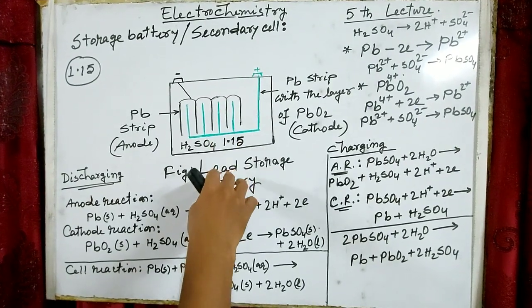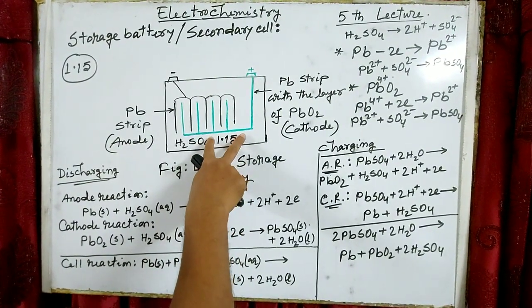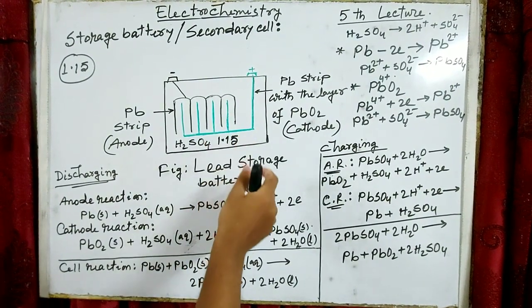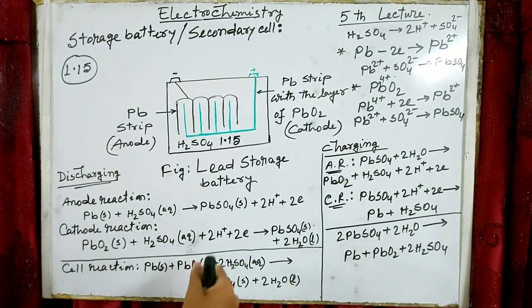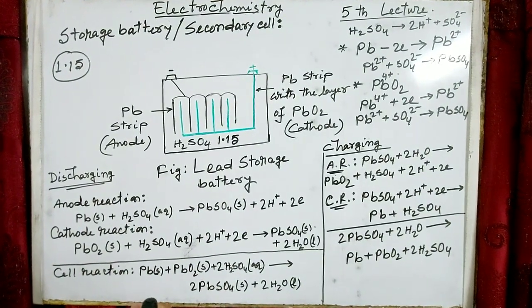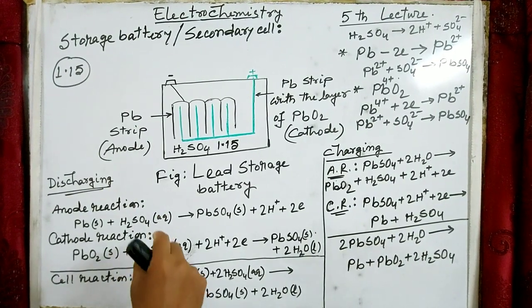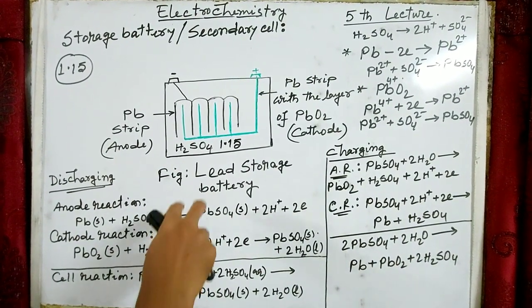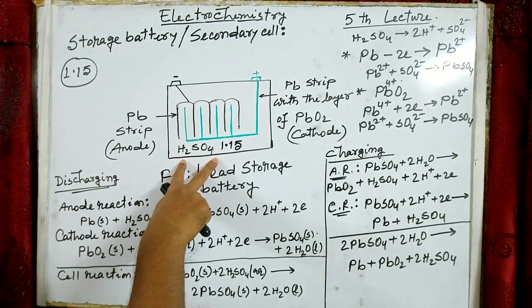Now after the reaction occurs, a small amount of used water is removed from the storage battery due to vaporization. That's why during the charging we have to add water in the lead storage battery to decrease the density of sulfuric acid.